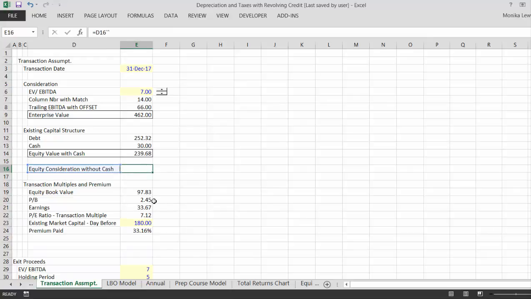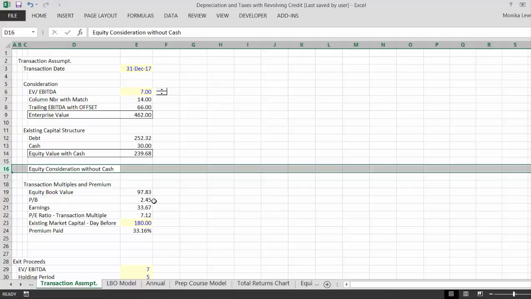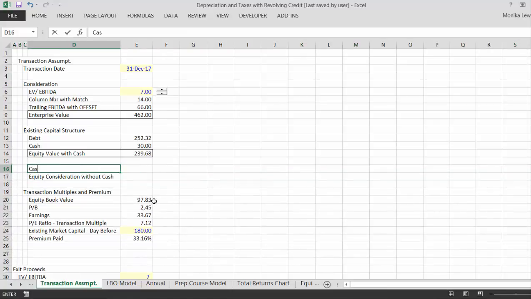How about cash taken out? So let's just put that as an input. Let's say they take out 28 of cash. And then our equity consideration without the cash, we take away the 28 that they've taken away.